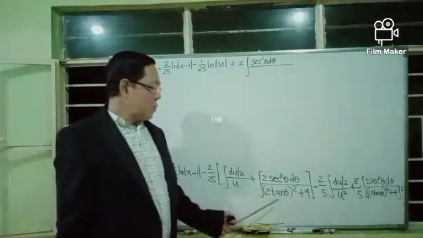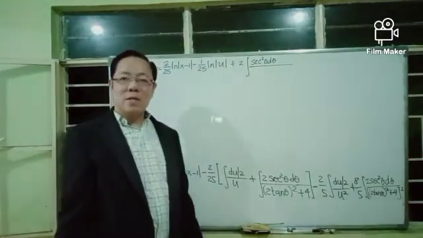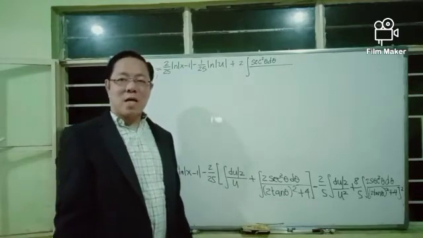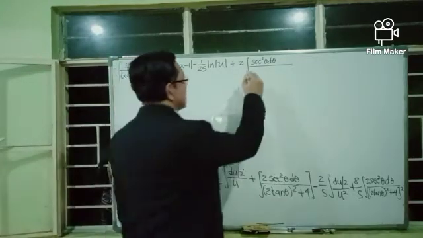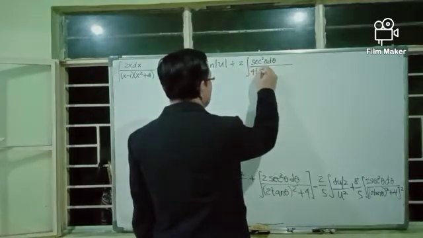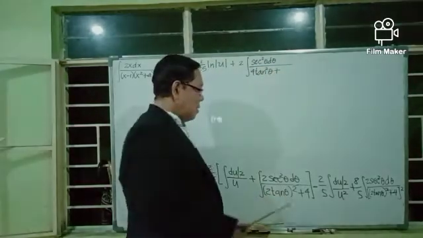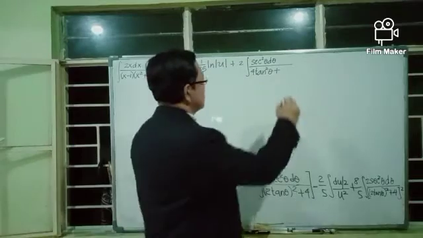And the square of 2 tangent theta is 4. Square of 2 times the square of tangent is 4 tangent squared theta. And the last term is 4.